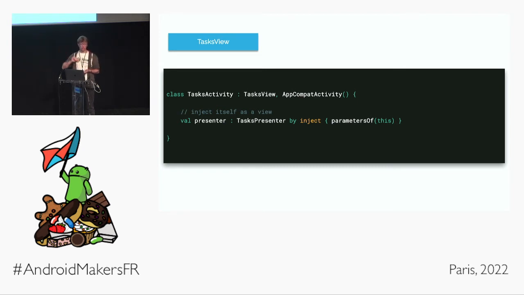Then in by inject or by view model, you can open a lambda expression to help suggest to Koin, then I need another parameter to help you to construct my instance. And then you open the lambda and say parameters of, and then you pass a list of things you want to pass, and then you get it in your definition. And then you're done.